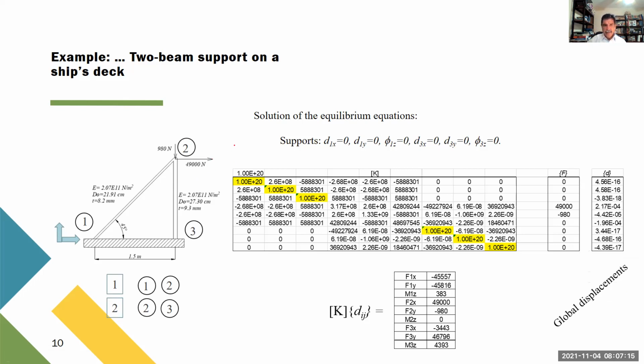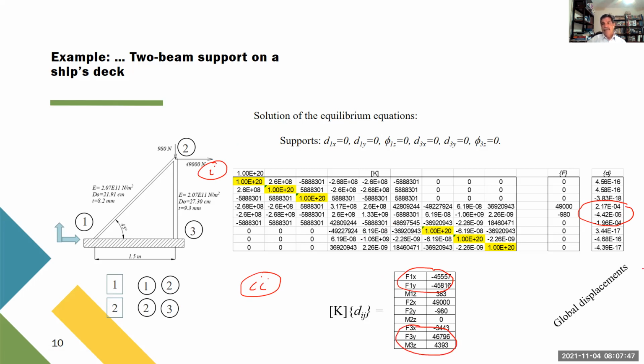So this is the first subsystem. And this is the second subsystem. So here we find these 3 values. And here we found this, and we found the second part, which is the reactions in the third joint.